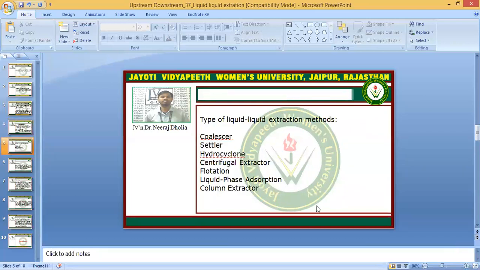The various extraction methods are there, namely the Coulter, Sattler, hydrocyclone, centrifugal extractor, flotation, liquid phase adsorption, and column extractor. These are the names of the various extraction methods of liquid extraction.